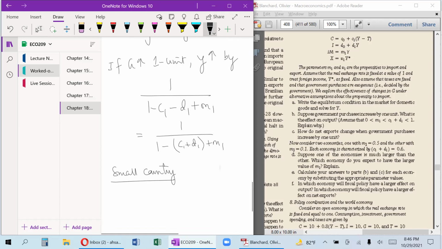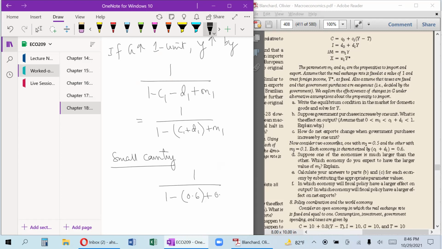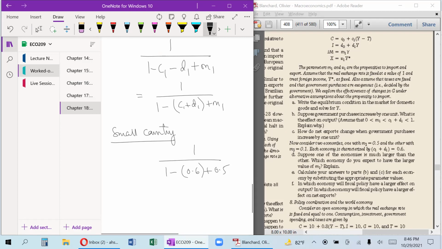For the small country, this will be 1 divided by 1 minus... Remember, C1 plus D1 is 0.6 for both countries, and M1 for the small country is 0.5. As a result, what do we get? 0.9.